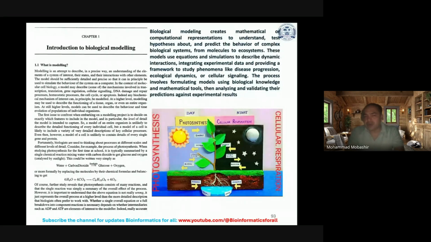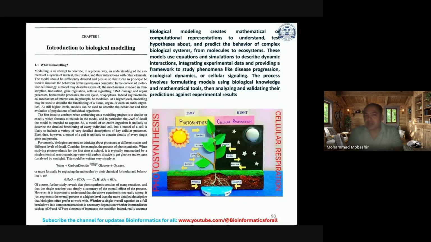If you want to summarize the photosynthesis process, then water plus carbon dioxide gives glucose as a product and oxygen in the presence of sunlight only. This is the representation of photosynthesis in just one chemical reaction.